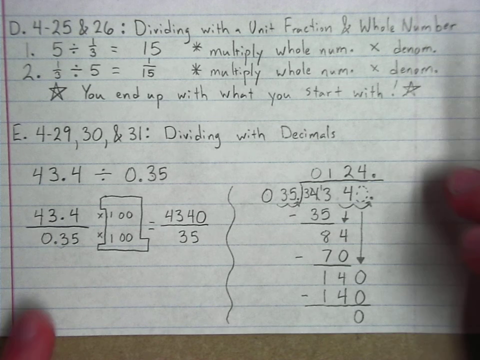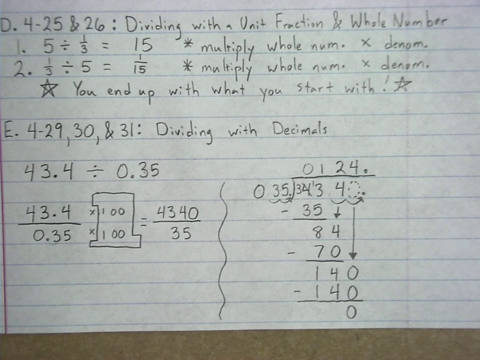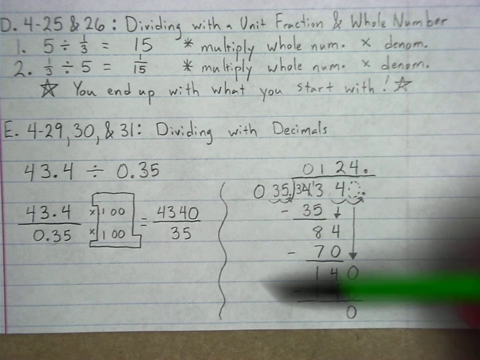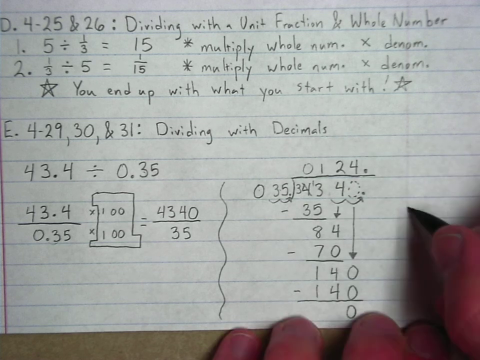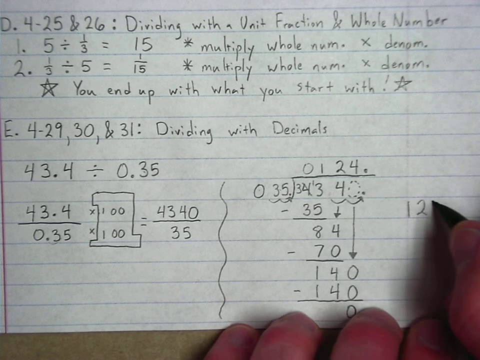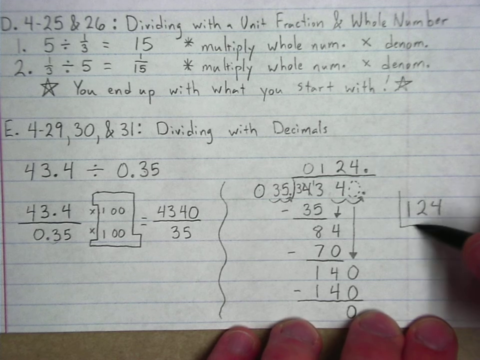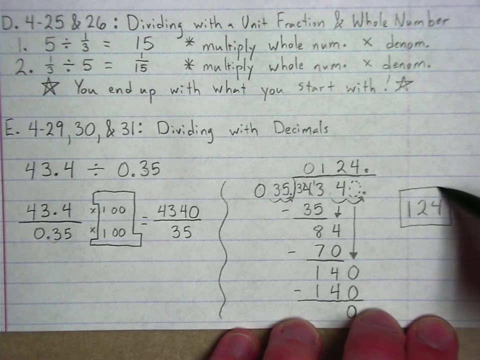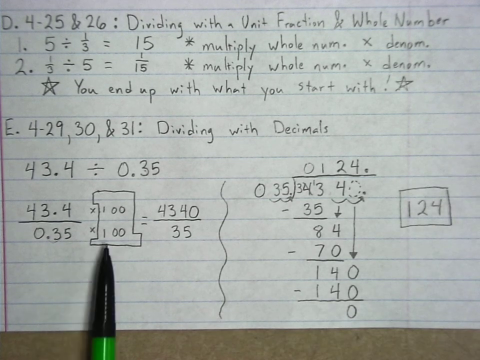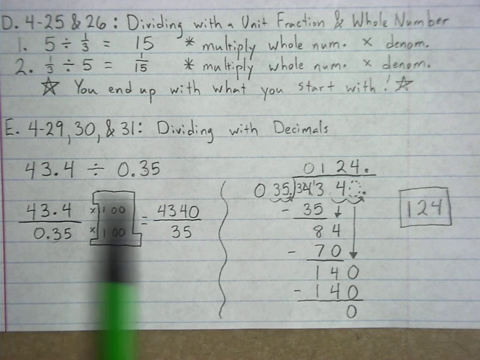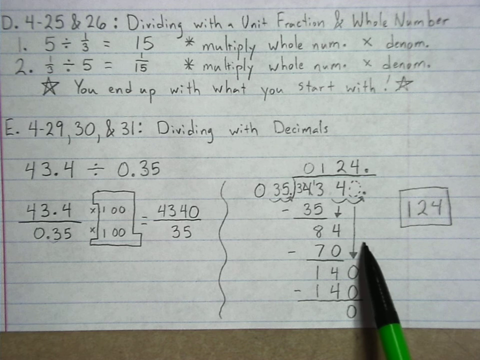But you could experiment, you could check over here to see. Now, in this particular case, we got it to work out. Our final answer, 124. This works especially well when you have smaller numbers, but this works too.